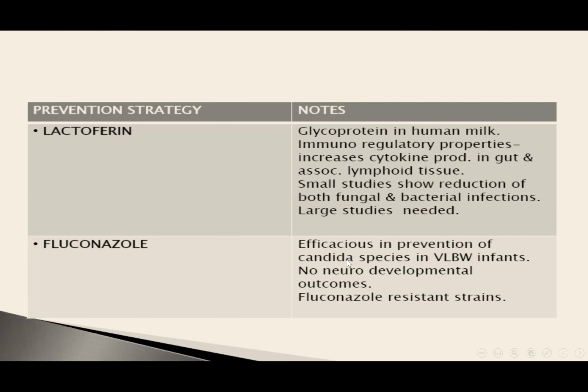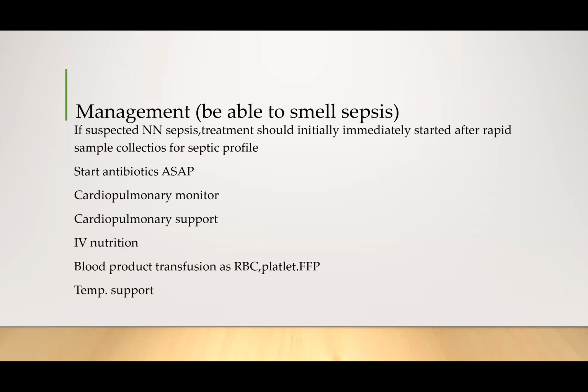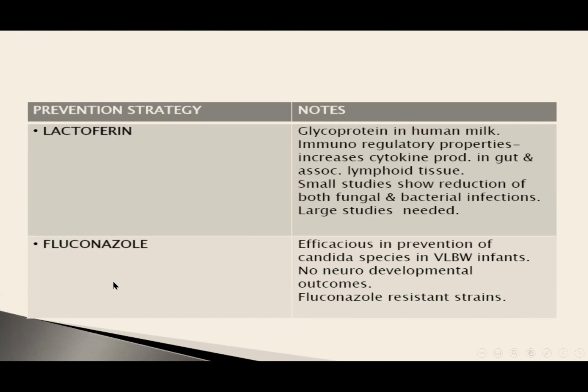It is effective in the prevention of Candida species, especially in very low birth weight infants, with no neurodevelopmental outcome effect. But there is also some resistance, so we may need to change. So lactoferrin can give some benefit, fluconazole, and some consultants are even using oral nystatin as a prophylactic, and it also really works.